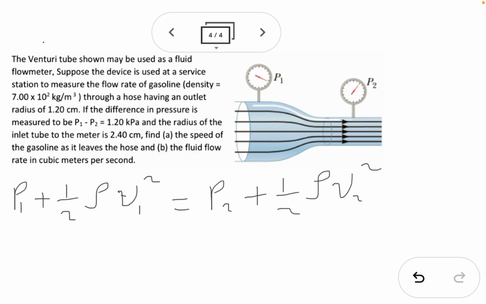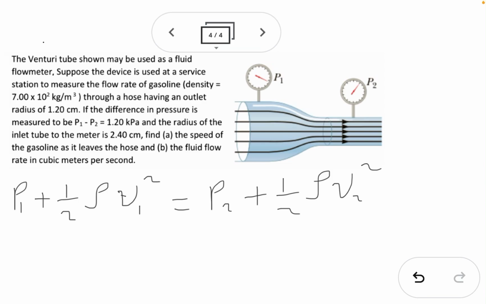Okay, this is Bernoulli's equation for a system that is horizontal, because we can see that this tube is actually horizontal, meaning that H1 and H2 are equal, and therefore they are out of the equation.